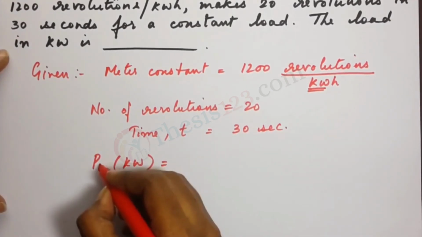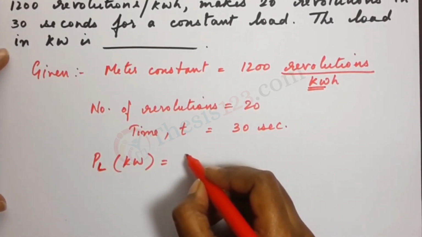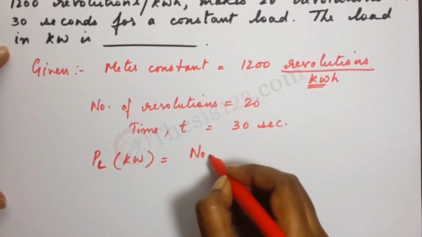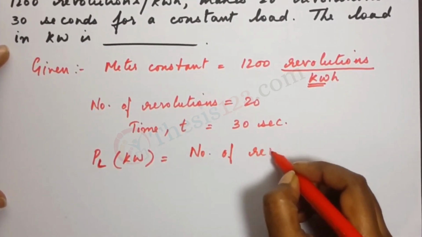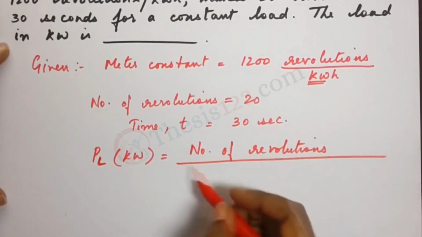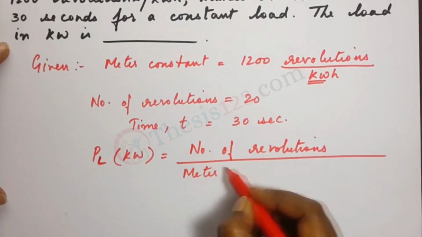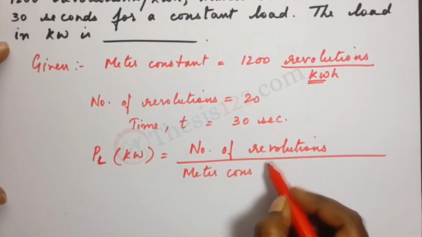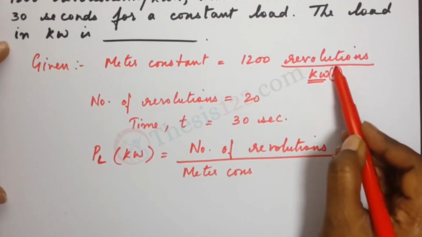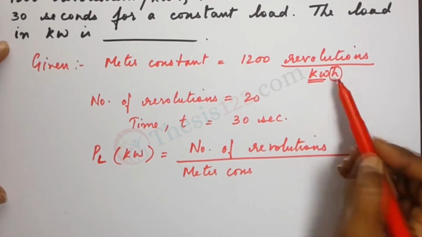So we can do that by writing the expression as the number of revolutions divided by the meter constant. Now the meter constant is given in terms of revolutions per kilowatt hour. Now we have to accommodate the hours given here as well.